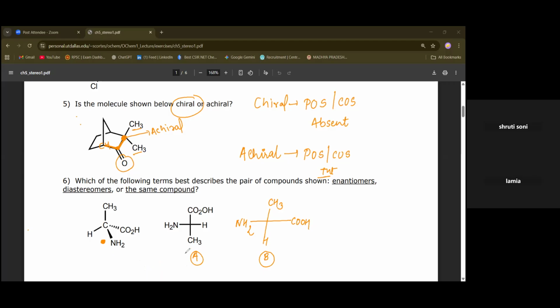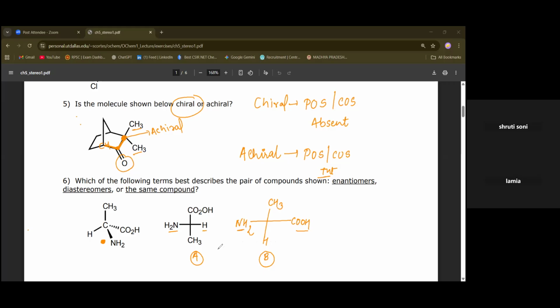Firstly, check that NH2 and hydrogen are in the same plane, while in this case NH2 and COH are in the same plane. So we can't check the mirror images in these cases. So what will we do? There is one last option, that is configuration R and S. We will identify that R and S.